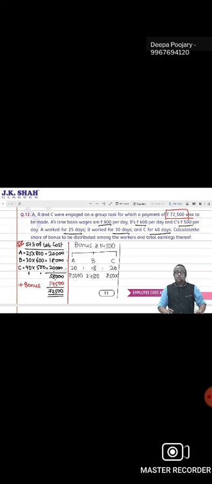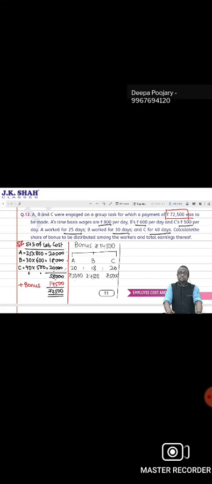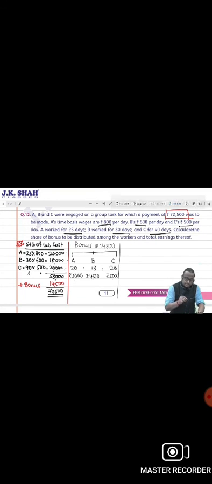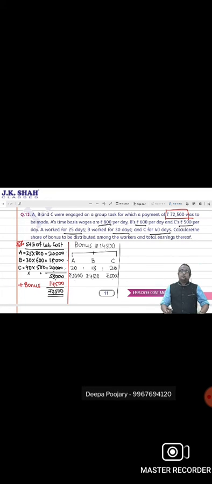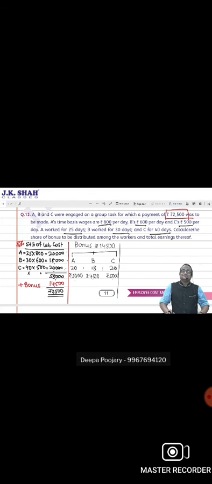There is no other way out. If I consider only days, it will be injustice to skilled workers because skilled are working less. You mean to say C deserves to get more bonus just because he has worked more? Then what is the importance of the skill that is being used? I hope you are understanding this.